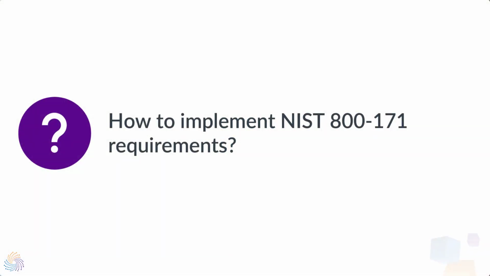So moving on to the third question, how to implement NIST 800-171 requirements. The implementation of NIST 800-171 requirements depends on the specific system configuration, architecture, and functionality of each non-federal entity.